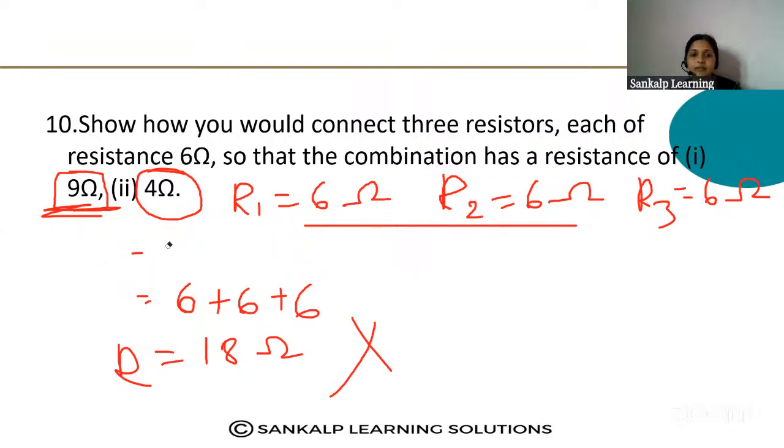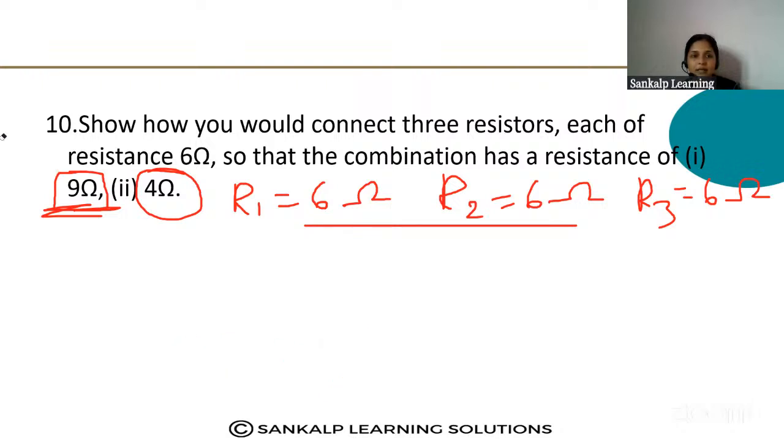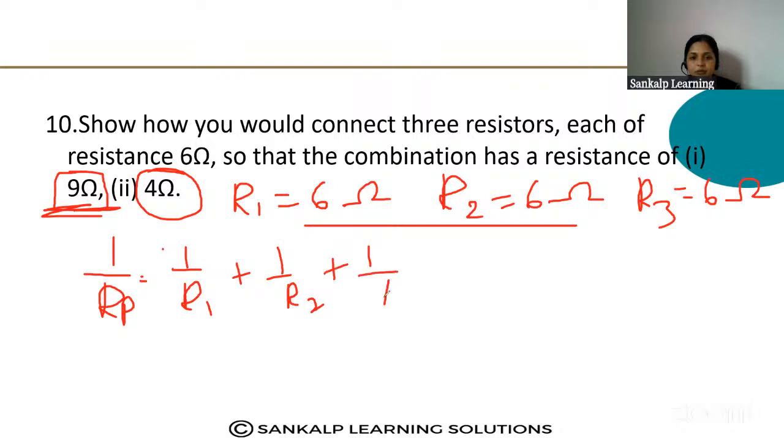Then I will take these three as a parallel connection. What is the formula? 1 by Rp is equal to 1 by R1 plus 1 by R2 plus 1 by R3. So here 1 by 6 plus 1 by 6 plus 1 by 6.